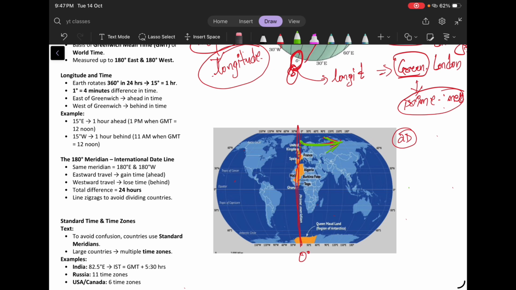The intersection points will obviously increase, right? Till 180 degrees it will increase, and when we are traveling towards the west region also, the longitude will increase towards 180 degrees. So these two 180 degrees are the same line.